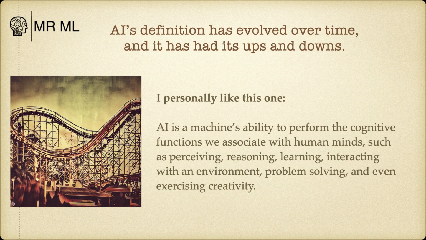This is the one that I like a little bit more because it has a component that talks about the ability of performing cognitive functions similar to human minds. So I think that's one of the key characteristics of artificial intelligence. And the part that I actually like the most is at the end when it says, even exercising creativity, because that's what generative AI is bringing to the picture.